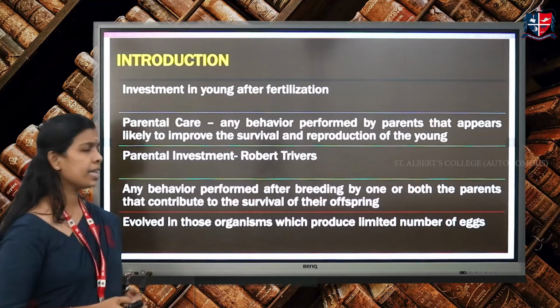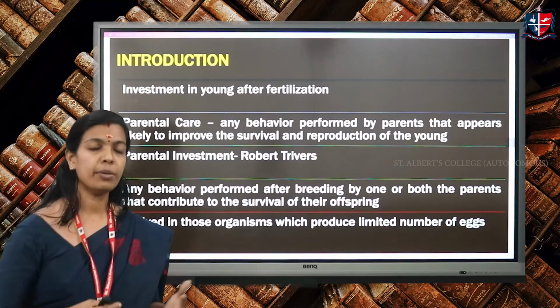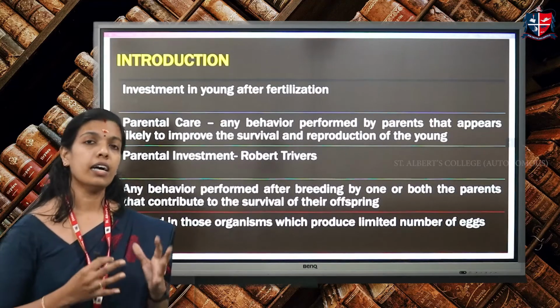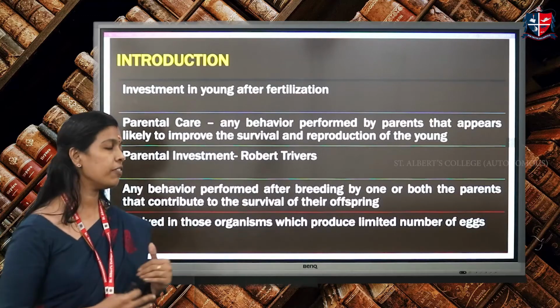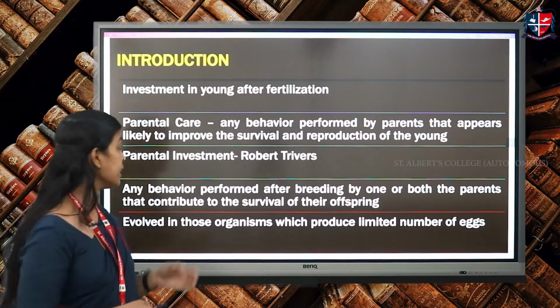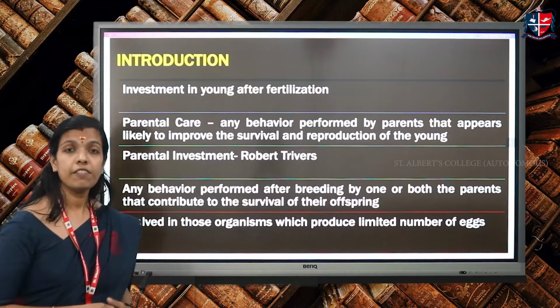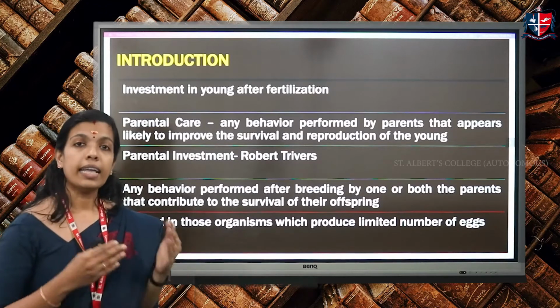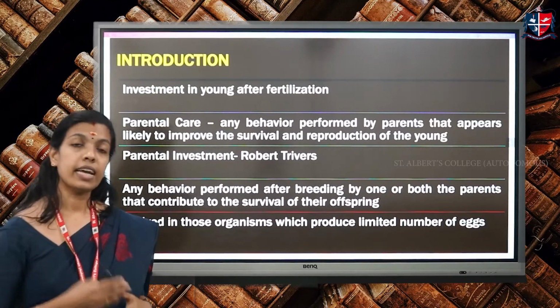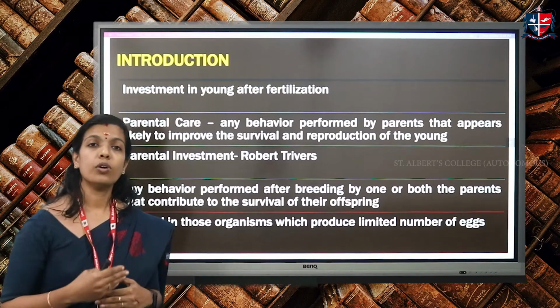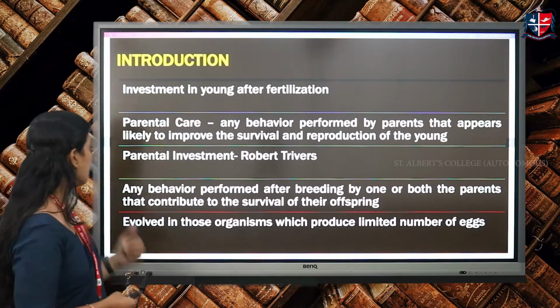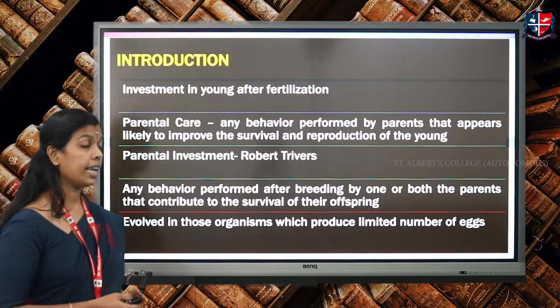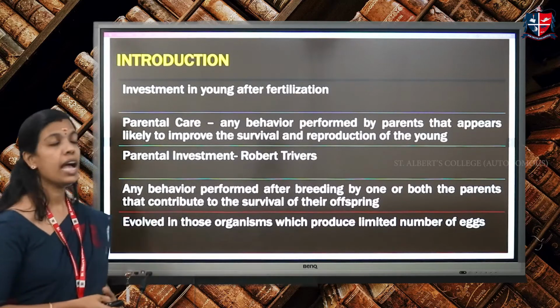And Robert Trivers gave a more restricted definition, wherein he said parental care is parental investment, wherein at the cost of the parents, the young are reared to a better survival. It could be defined as any behavior that is performed after the breeding.